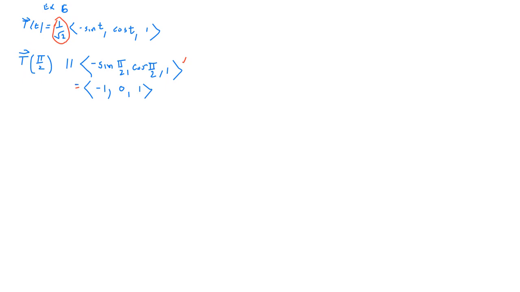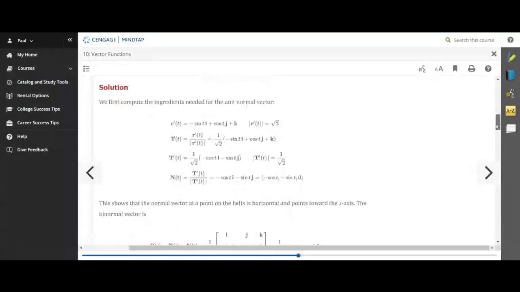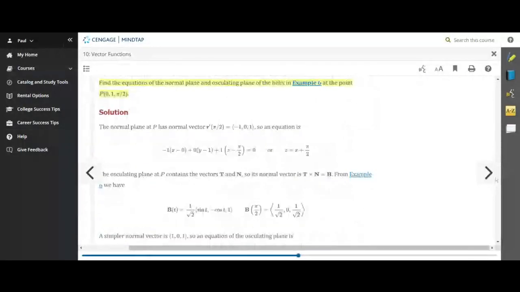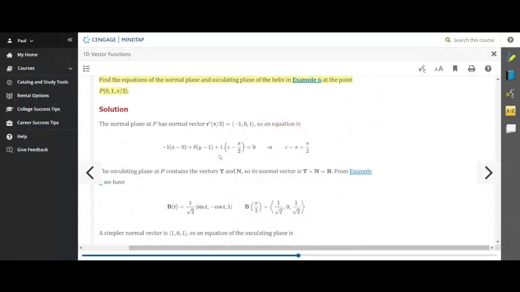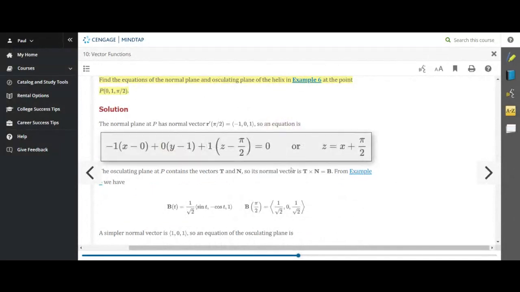Okay. So then, if I go back to the example here, example 7, I go down. So you see in their work, the point is, of course, you're finding the equation of a plane.